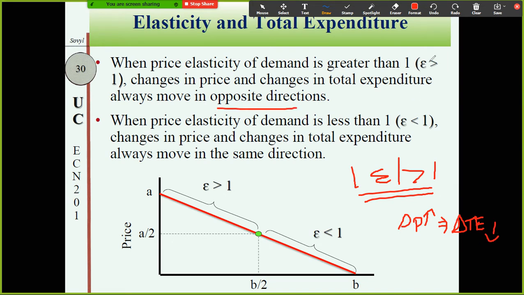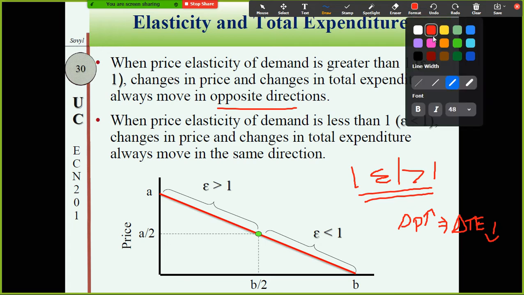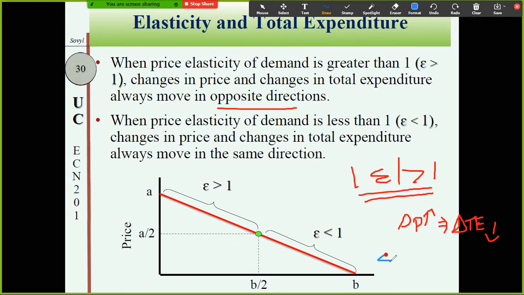But when your price elasticity of demand is inelastic, in this area, when the price of the product goes up, what happens to your total expenditure? Also going up. Okay, so you need to remember this condition.